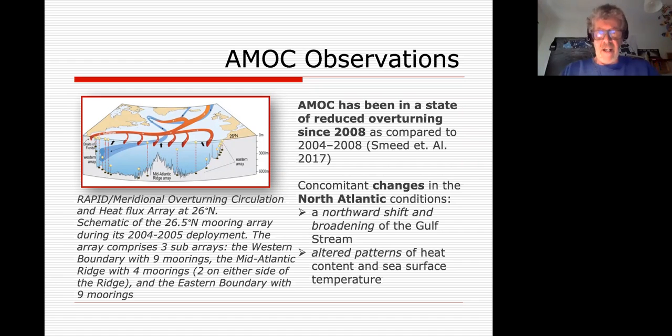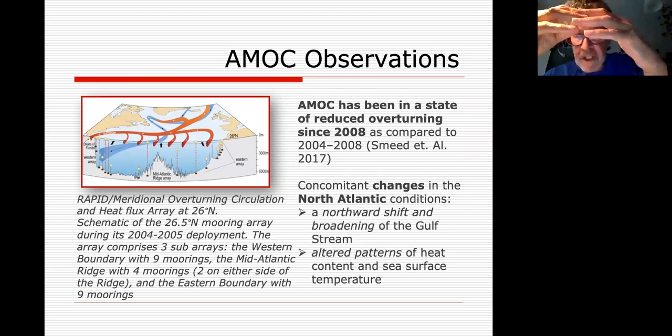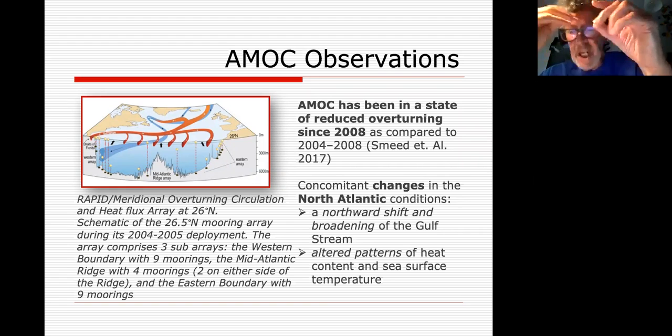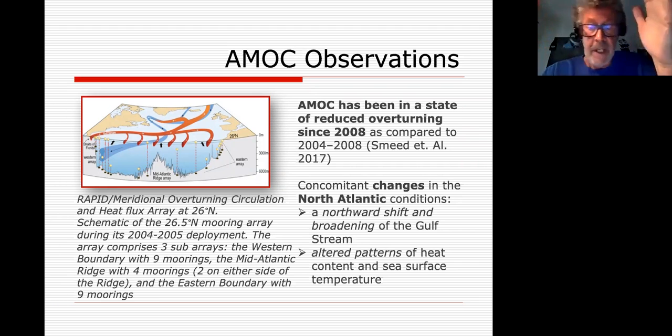When you have a reduced AMOC, obviously you have an effect on the positioning and the shape of the Gulf Stream. The Gulf Stream has a northward shift and a broadening.